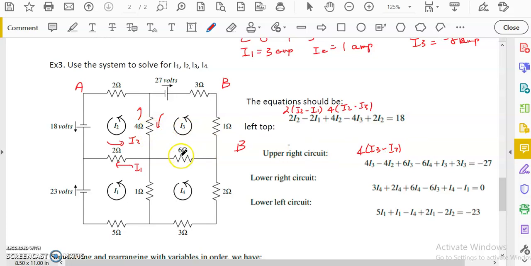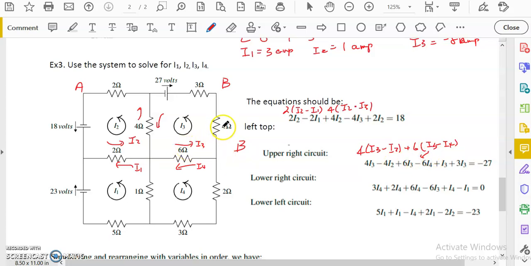Then I have 6 times (I3 minus I4), because at the bottom this is I4.